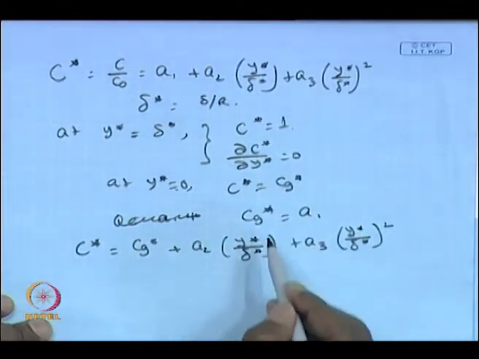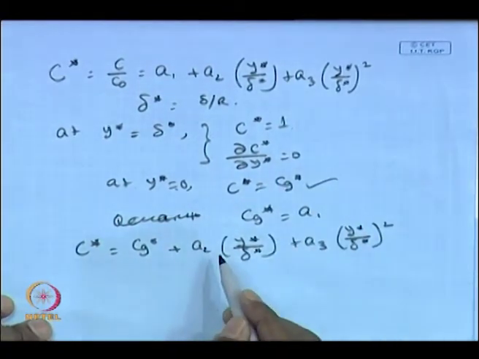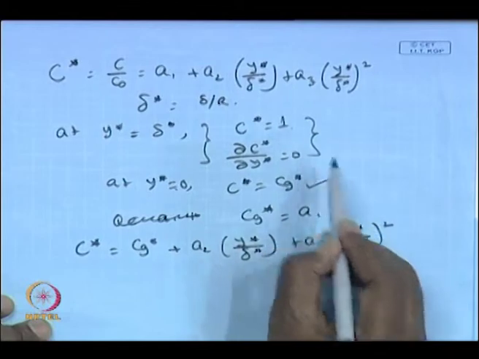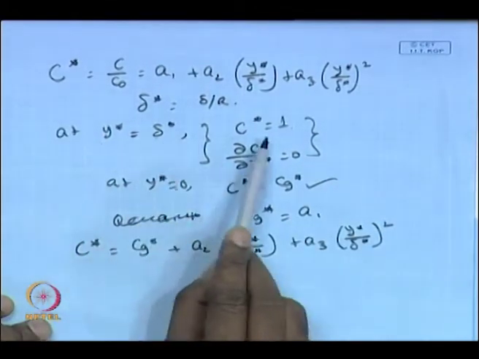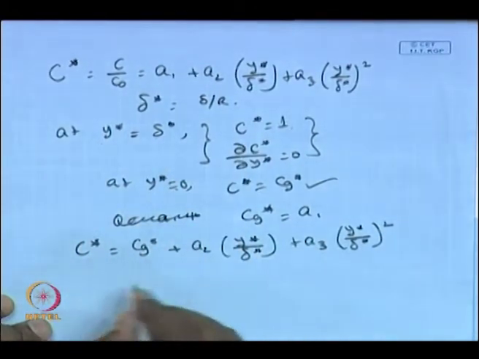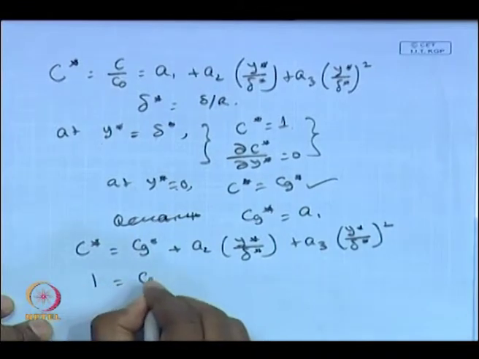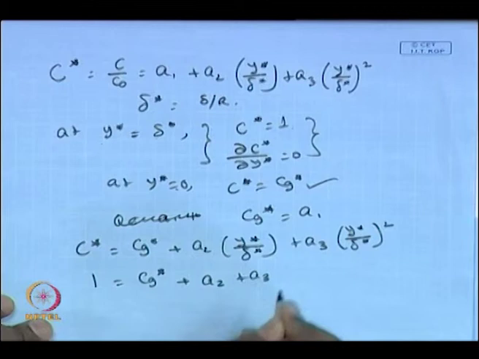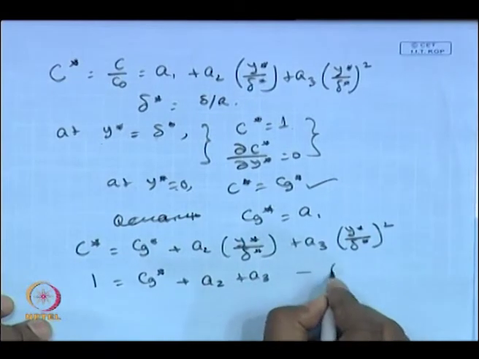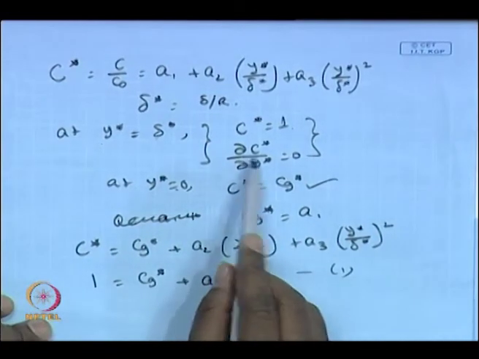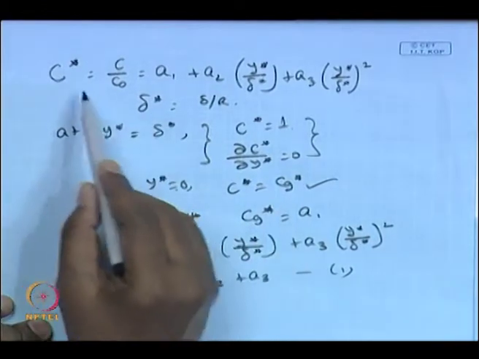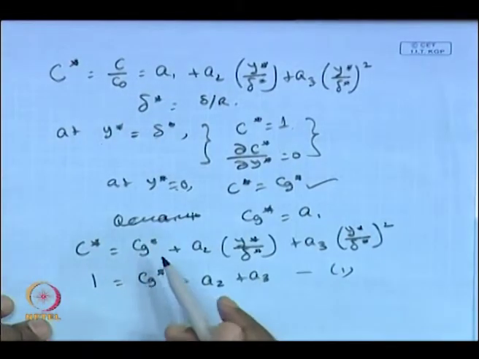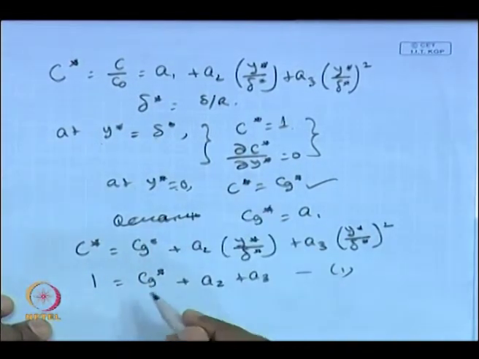Now, out of these three conditions, you have already utilized one. Now, you utilize these two conditions. At y star equal to delta star, C star is equal to 1. That means 1 is equal to Cg star plus A2 plus A3. That is one condition, and the other one is del C star del y star equal to 0. You take the derivative of this equation and put it equal to 0 at y star equal to delta star.